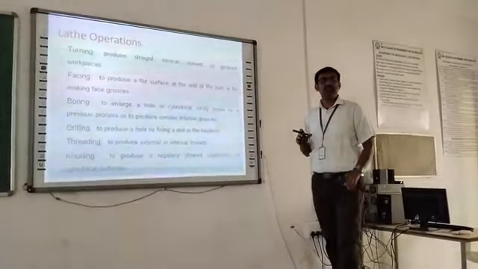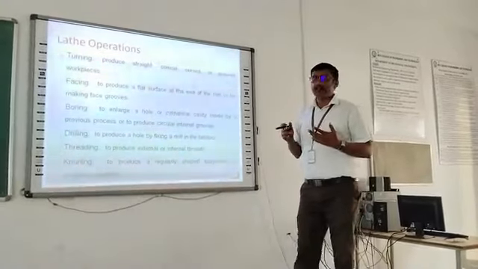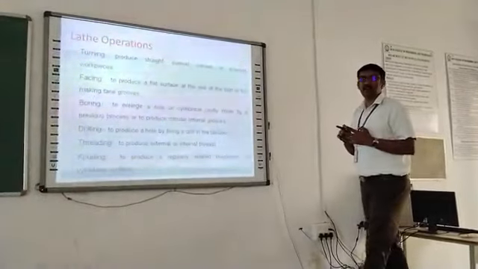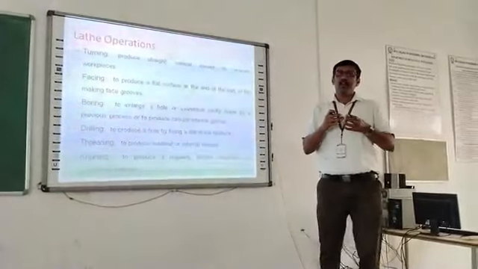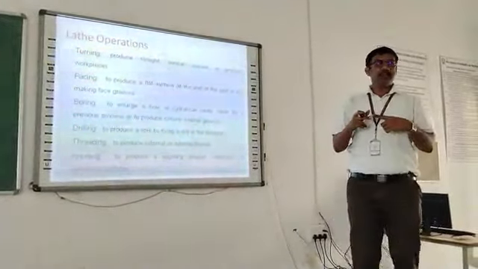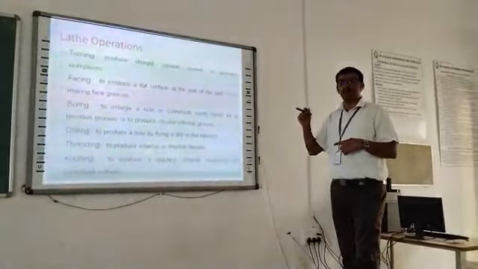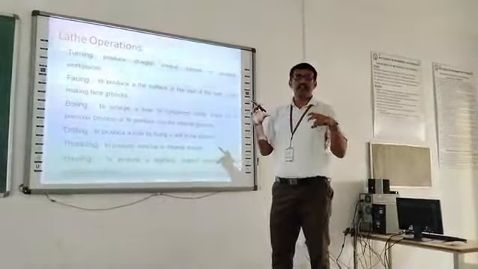Operations. So what operations can be done using the lathe machine? First and foremost is turning. I already mentioned turning, which reduces the diameter of the workpiece, producing straight, conical, curved or grooved workpieces. Normally it should be cylindrical in shape.